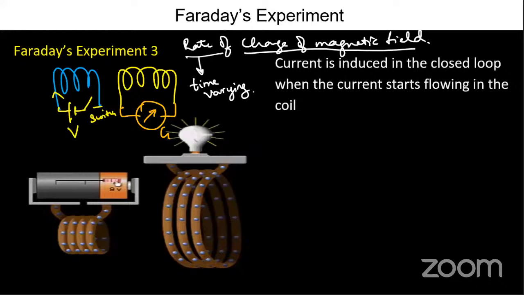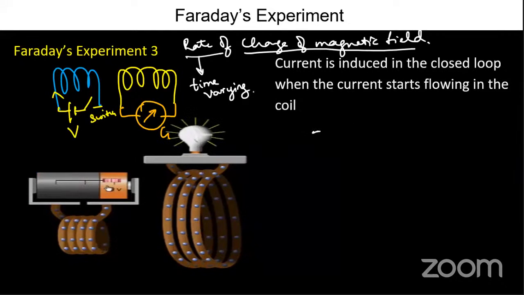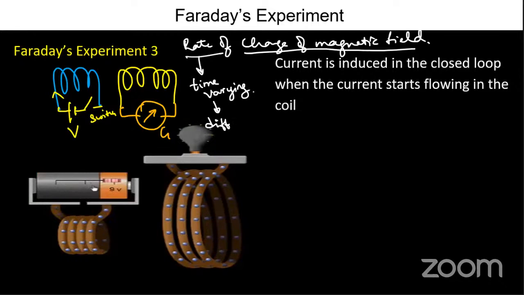How did we write velocity? v is equal to dx by dt. Remember, v is equal to dx by dt. What I wanted to say is that rate, which is time varying, in maths is nothing but differentiation.